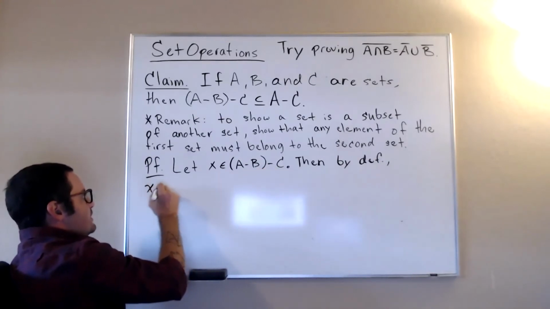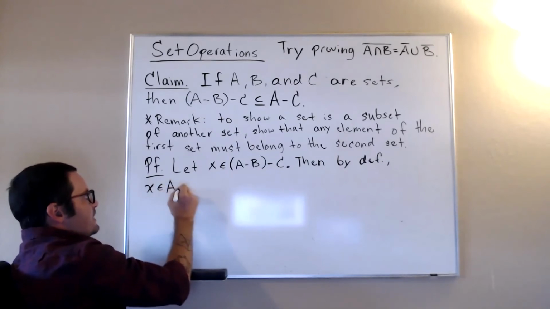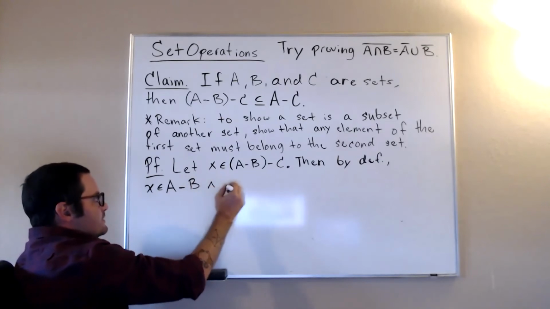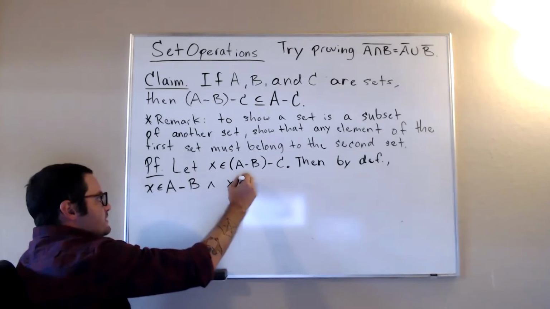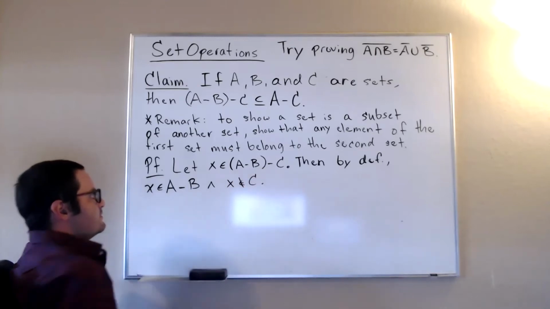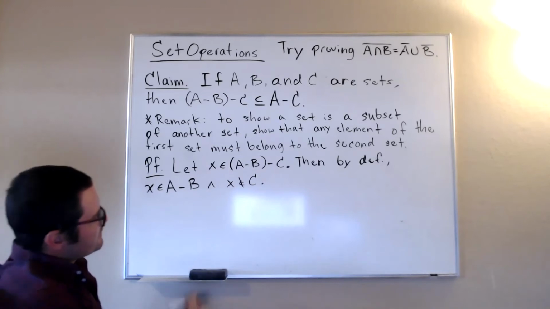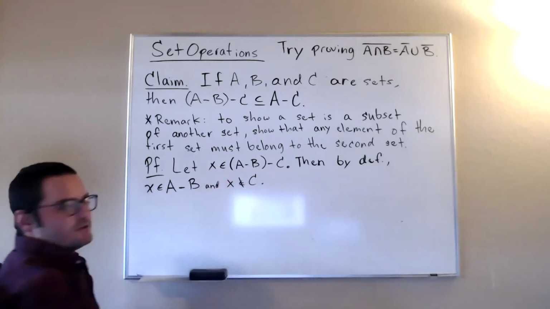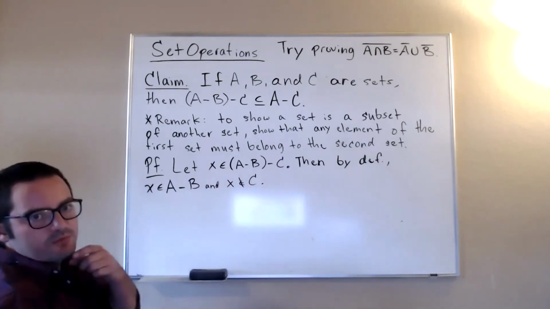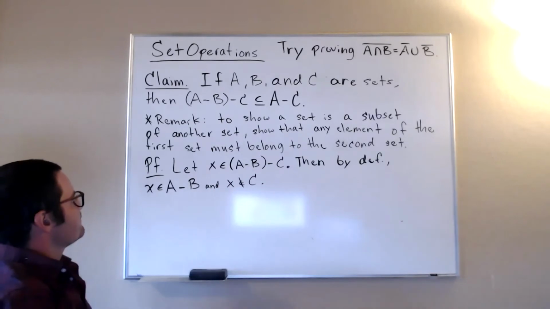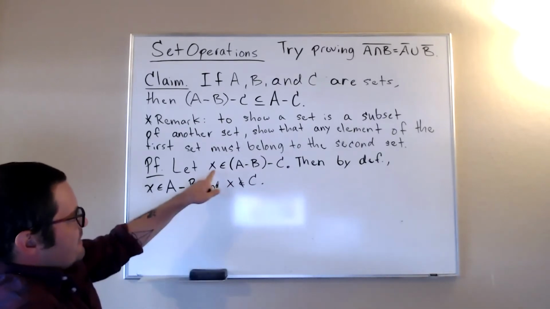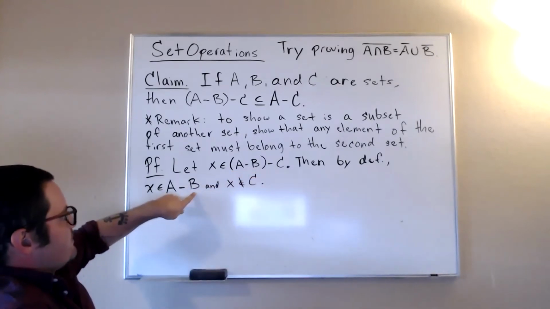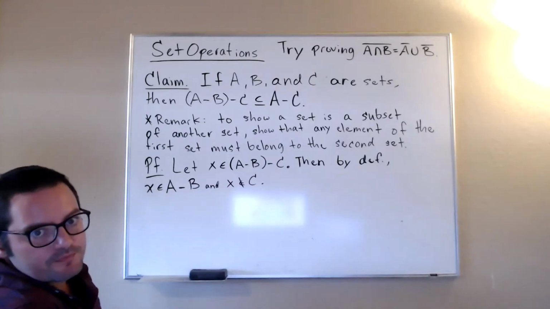And then X is in A set difference B, and X is not in C. Now here, what you really want to say is the word "and" instead of using the logical operator, because now we're starting to write out a more formal proof. But you see that this is true, right? If X is in this set difference, then it belongs to the first one and not the second one. Okay?